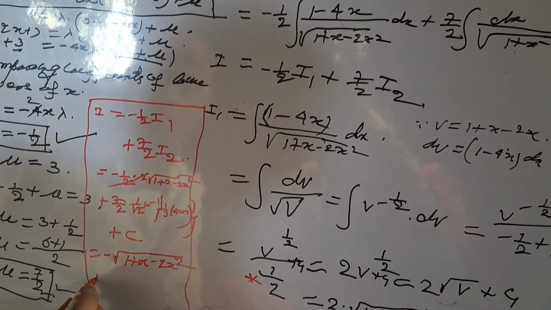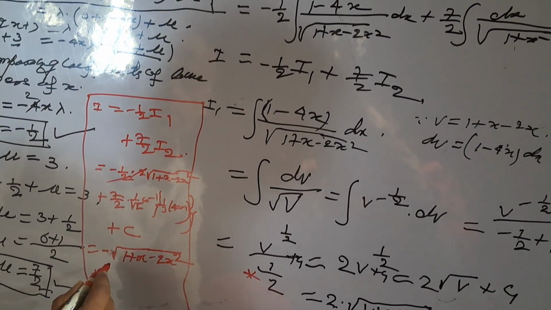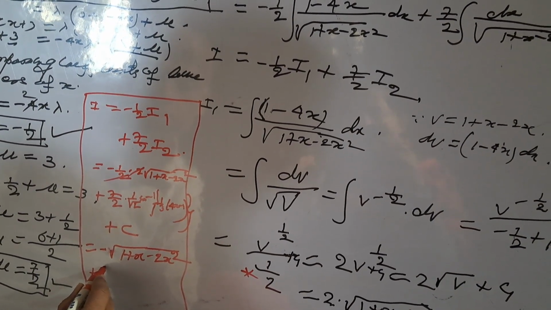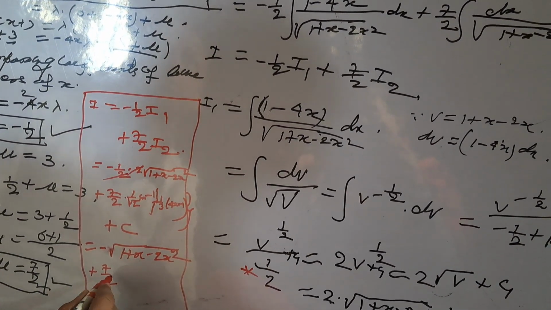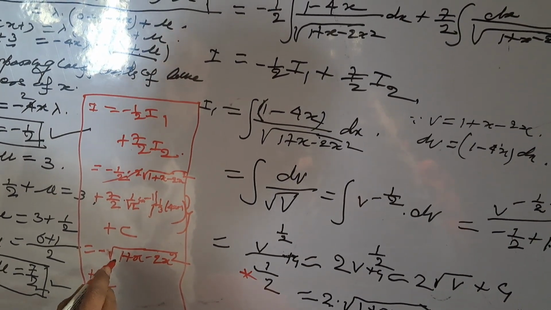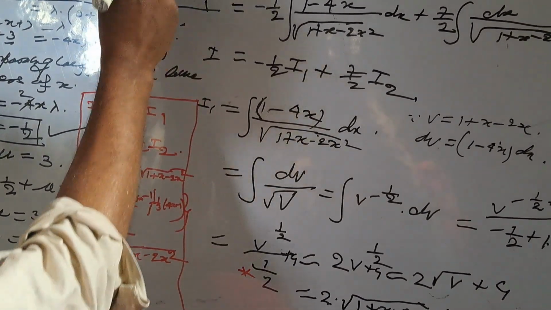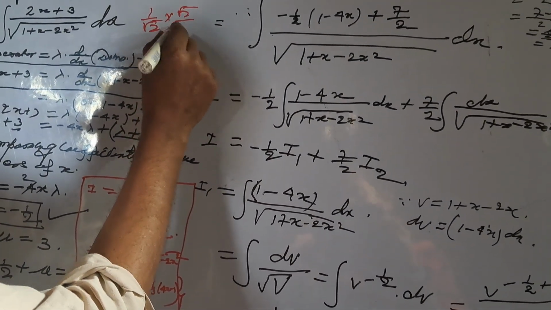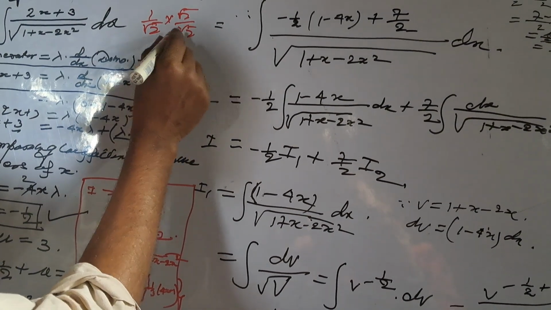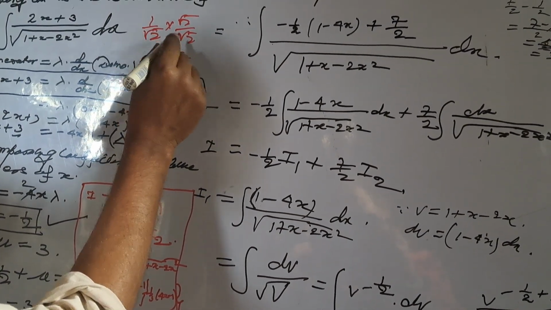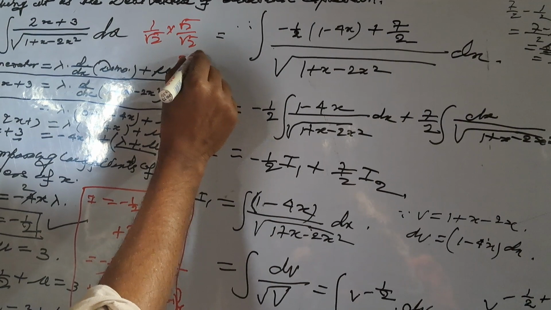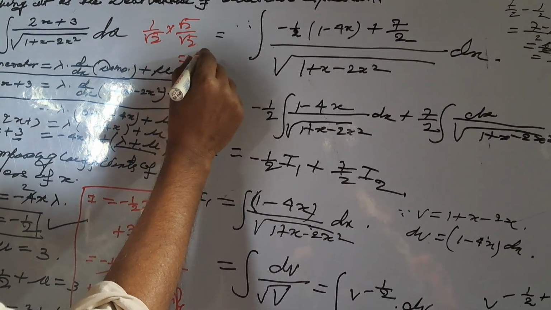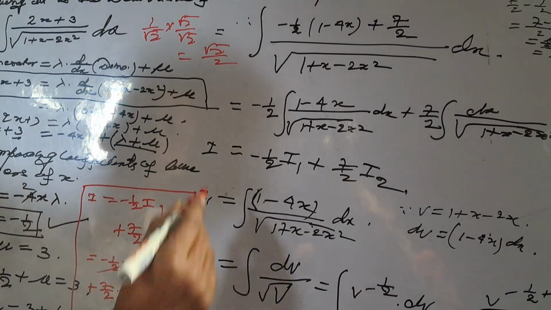plus we shall rationalize the 7 by 2 into 1 by root 2. When I rationalize 1 by root 2, root 2 goes up and 2 goes down, because I have to avoid the root in the denominator. That is why I go through the rationalization: root 2 divided by 2.